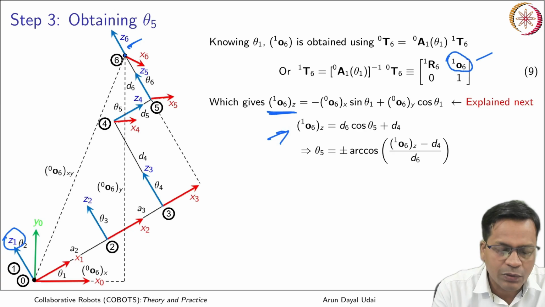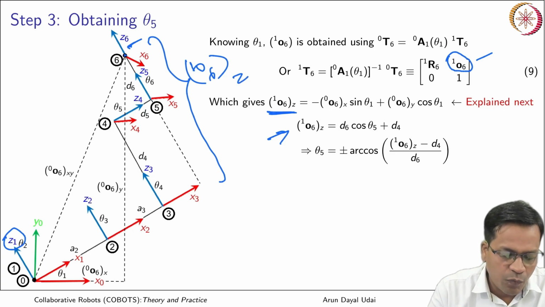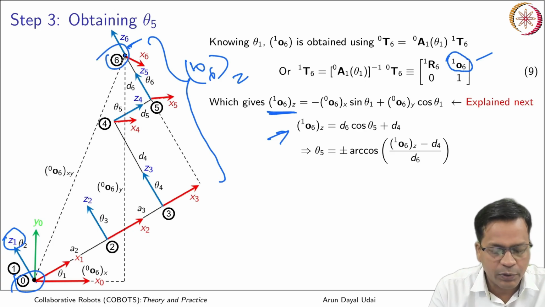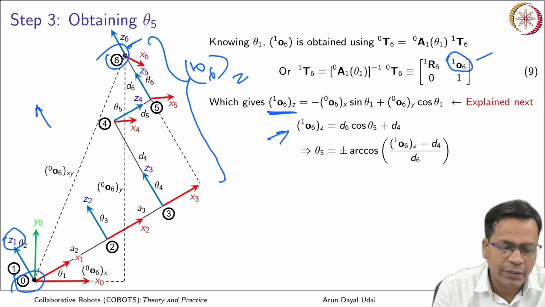So how much is that? This whole distance is actually 1T6 Z. Whatever is the position vector from 1 to 6, the Z component of that will be along this direction, and that is equal to this.